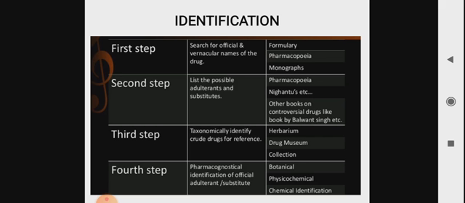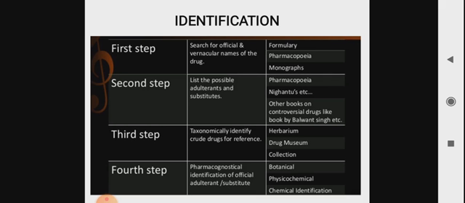Third step, taxonomically identify crude drugs for reference. So find out the different parts of the plant, the nature of these different parts, fruits, leaves, flowers, stem, shape of leaves. These different parts, taxonomy, species, genus, order, class, family.